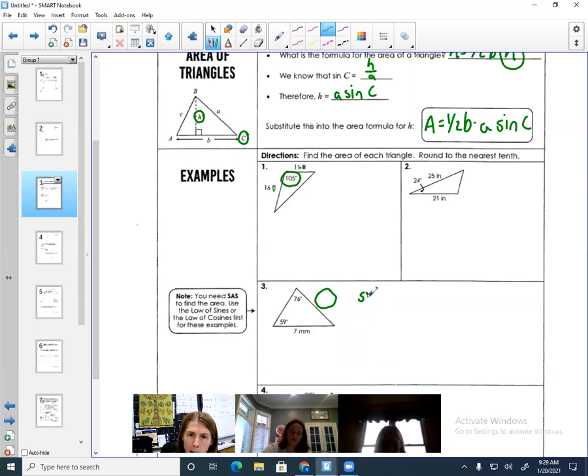All right, so I'm going to go sine of 59. I'm just going to call that side A. I don't really care what you guys call it. So sine of 59 over A equals sine of 76 over 7. Go ahead and cross multiply and solve it. I want you to solve it for me and then tell me your answer in the chat box.